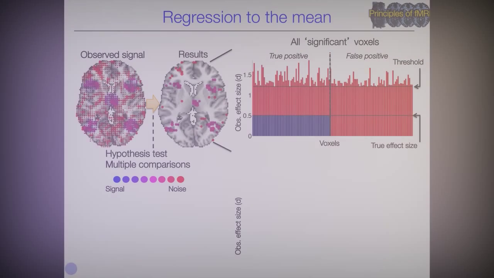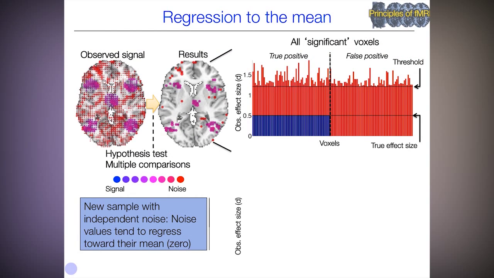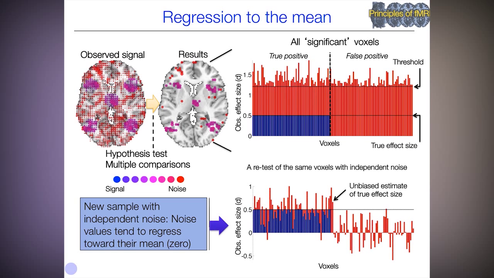And so let's look at this testing scenario again with the true and false positives and some real signal in blue. And let's imagine that we have a new sample with these exact same voxels, just with independent noise, just a different sample of subjects. Now, what happens is the noise values tend to regress toward their mean because they were high by chance in the first place. So the next time we sample them, they're going to be lower on average.